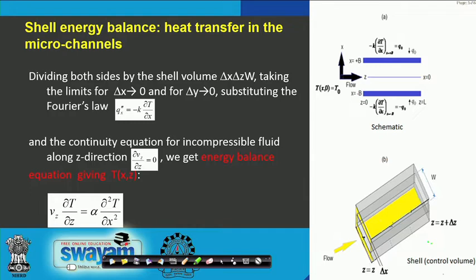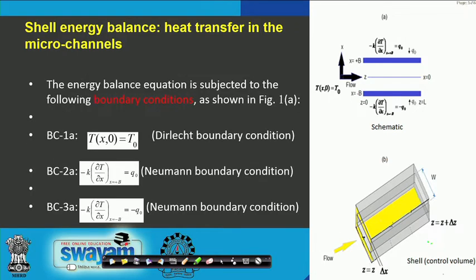So, we need three boundary conditions that we described previously: boundary condition 1, which is T_0 at z equal to 0; boundary condition 2a, the heat flux at x equal to b; and boundary condition 3a, the heat flux at x equal to minus b.